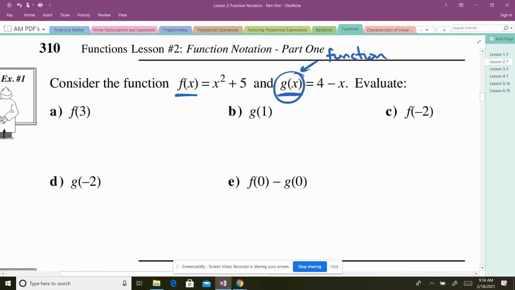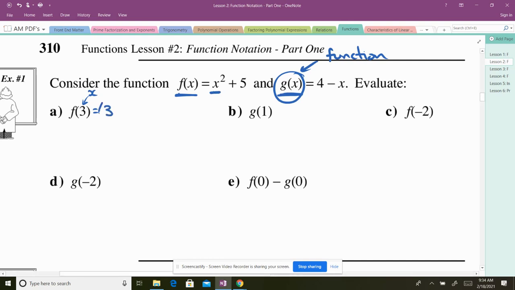Okay. I want to evaluate f of 3. So it's function f, this one right here. Whatever's in the brackets goes where? Where does it get substituted in? Into the x. All right, that is your x value. So I put it in for my x value. When you substitute in, what should you always do? Put it in brackets.